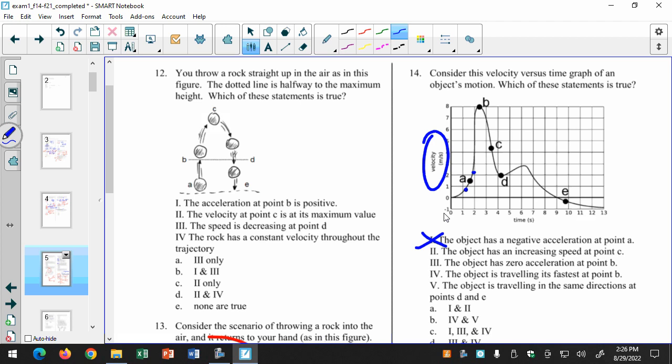The object has an increasing speed at point C. True or not true? At point C, it's going from here down to here. No, it's actually slowing down, so it has a decreasing speed. The object has 0 acceleration at point B. Is that true? Why is it true?